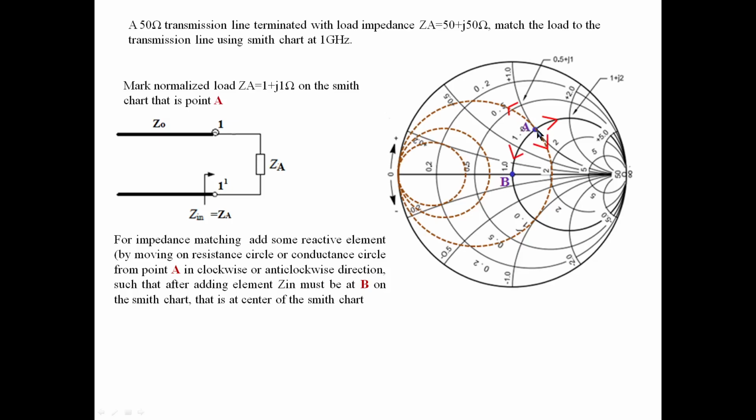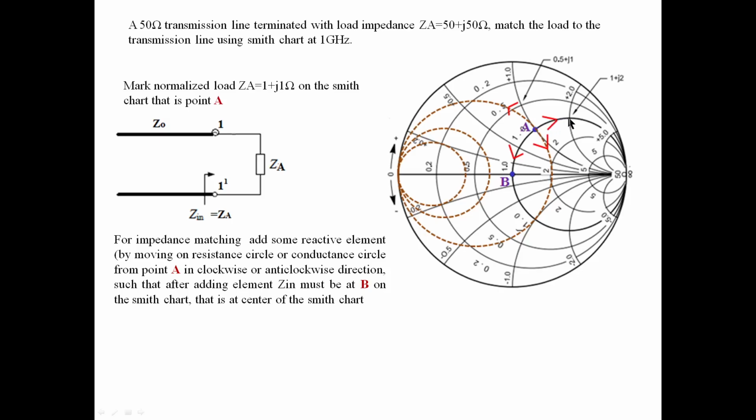Another is, from this point we can also move on the conductance circle. See here, this is the conductance circle. From the load point we can move in the clockwise direction like this, or in the anti-clockwise direction like this. In which direction we are supposed to move, we will see. First, mark the load and identify the resistance circle and conductance circle passing through the load point.